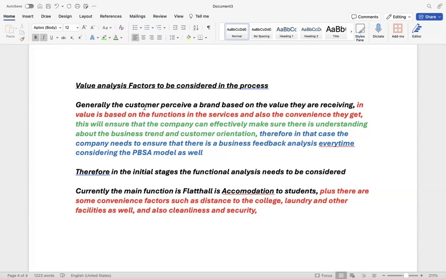So I'll continue. However, at present, these functions are common with whom, students? However, these functions are common with other PBSAs as well.